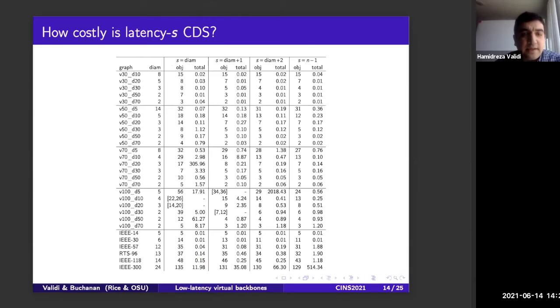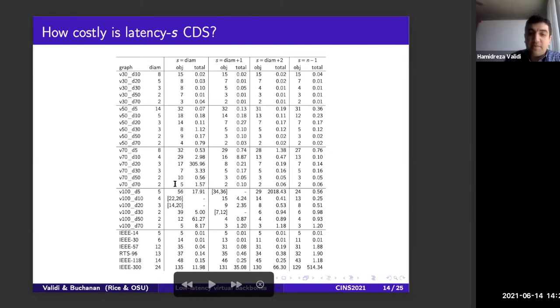Here are some of our results about how costly latency S CDS is. These are artificial instances, where, for example, the number of vertices is 30, this is the density, and here are our real world instances. For some instances, if we consider a very strict case of S, which is the diameter of the graph, the objective doesn't change compared with just the connected dominating set.